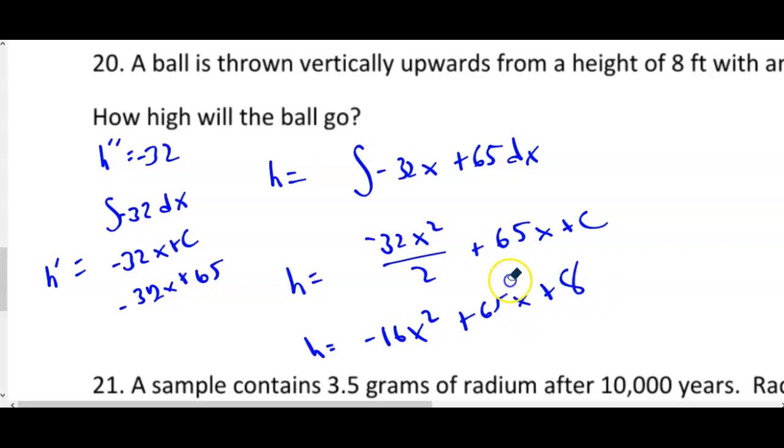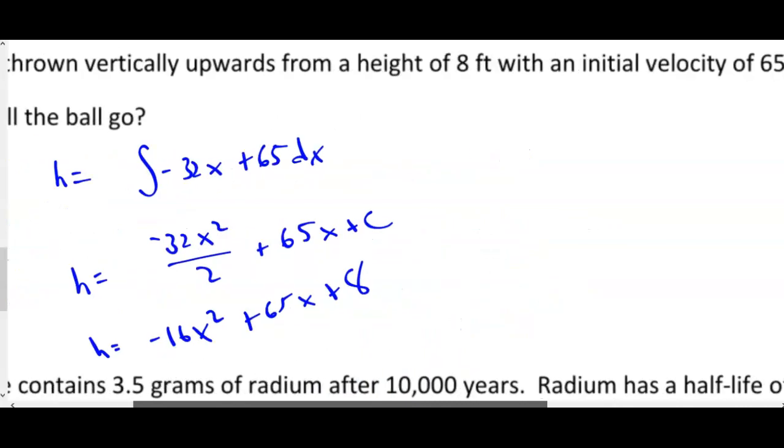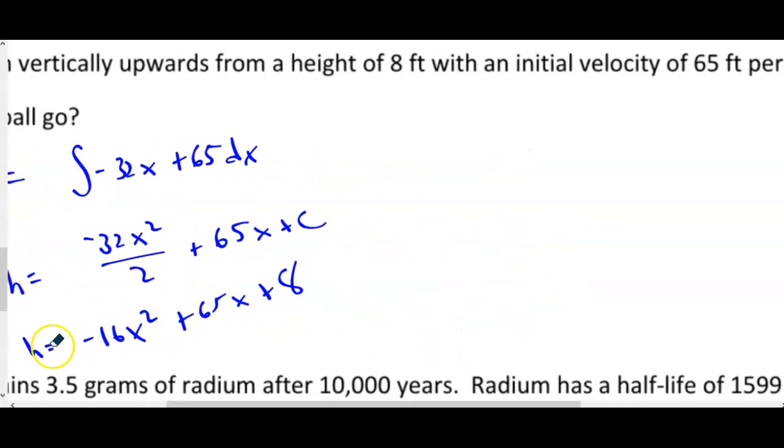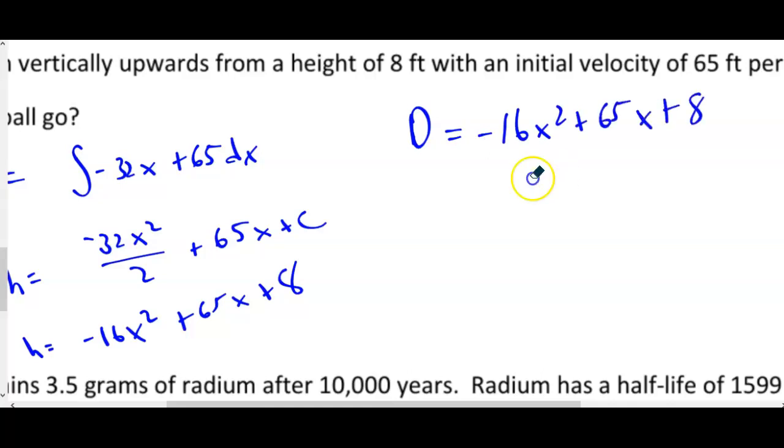All right, and so we set that equal to 0. That equation that we found, h, we're going to make it 0, like that, and then we're going to solve this. You're gonna have to do the quadratic formula right here, okay, y'all?